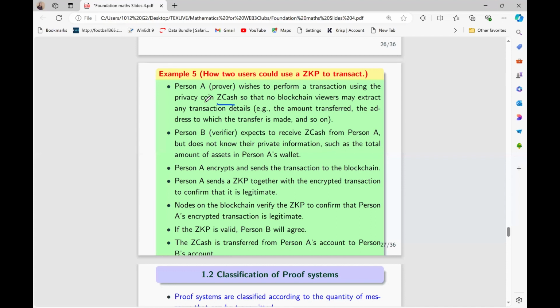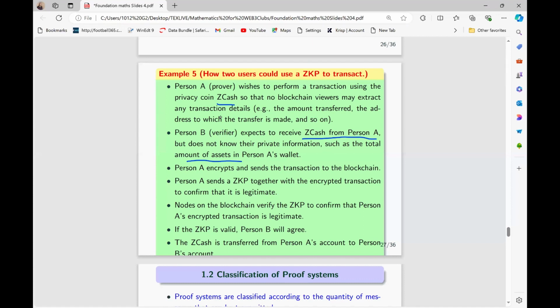Now, person B, who is the verifier, is the one who wants to receive this Zcash from person A. So this verifier does not know some information like the amount in the wallet of A. This information, only A has it.